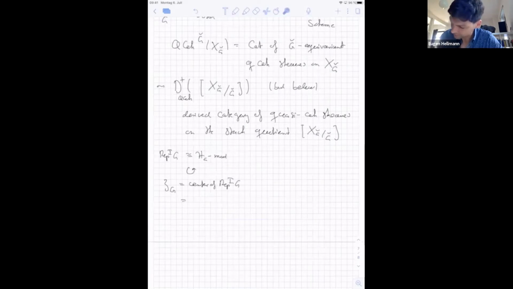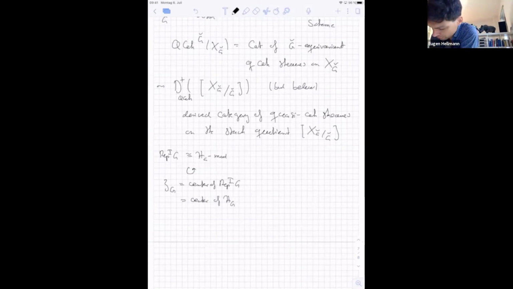So the center of this category in the sense of the endomorphism ring of the identity functor on this category, which you can rephrase much easier for Hecke modules. So it's just the center in the usual sense of the Iwahori-Hecke algebra, which acts on this category.